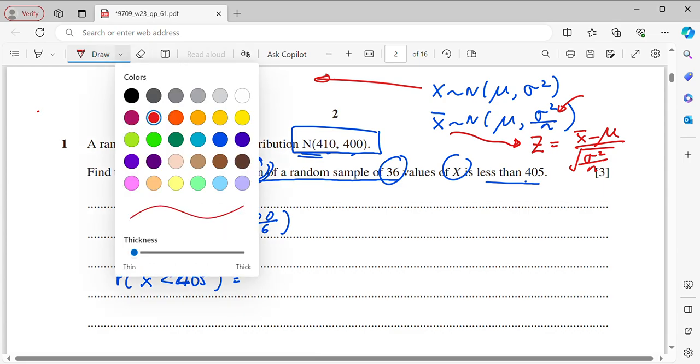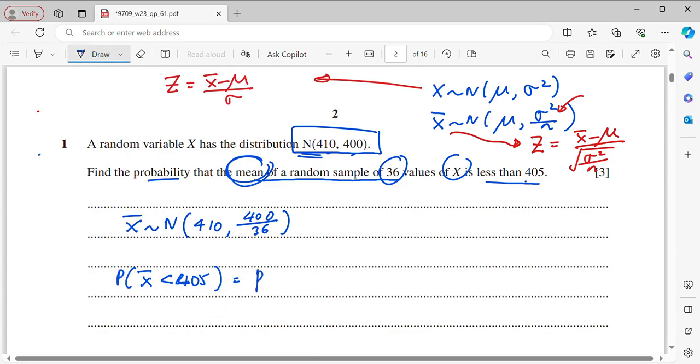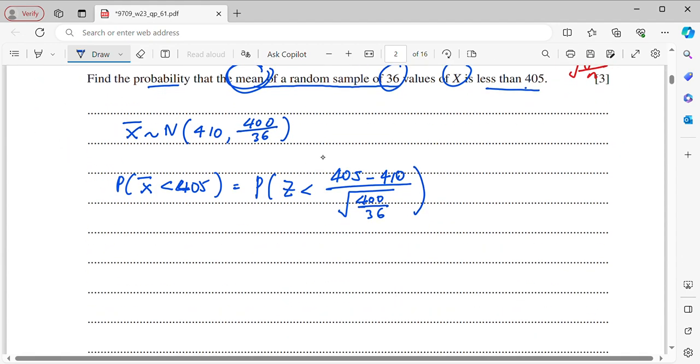So from here, I will be getting P(Z less than (405 minus 410) divided by square root of 400 over 36). This will be my working. Then from here, you will be getting P(Z less than negative 1.5).